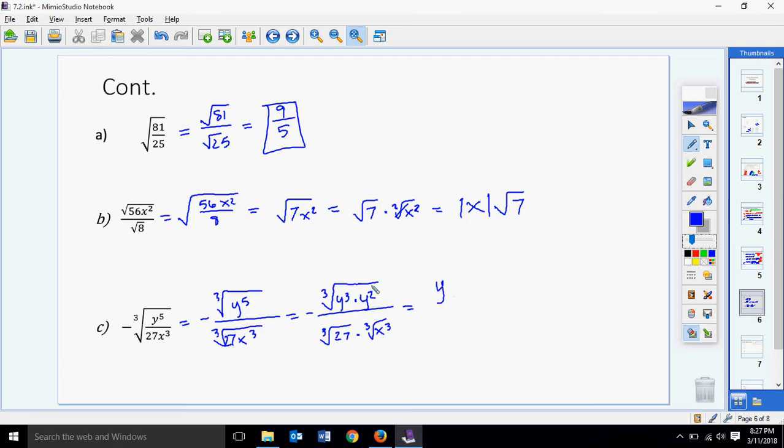It's going to leave me with y, but I still have the cube root of y squared. In the bottom, the cube root of 27. Remember 27 is a perfect cube, so that'd be 3. And the cube root of x to the 3rd is just x. So my final answer there. Don't forget the negative out in front.